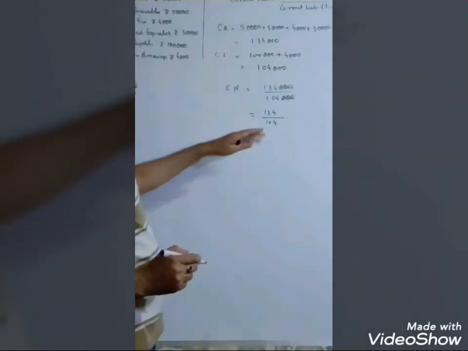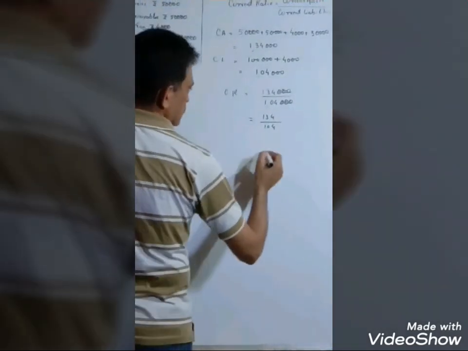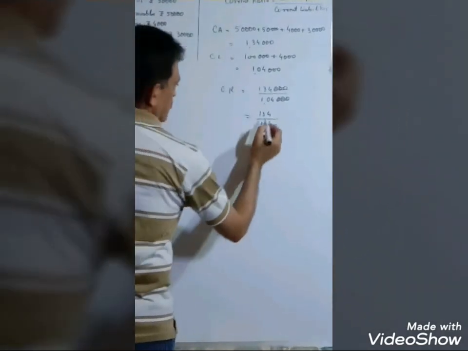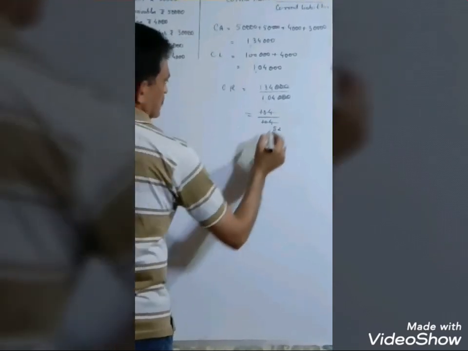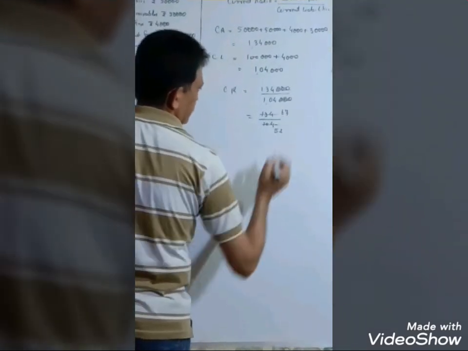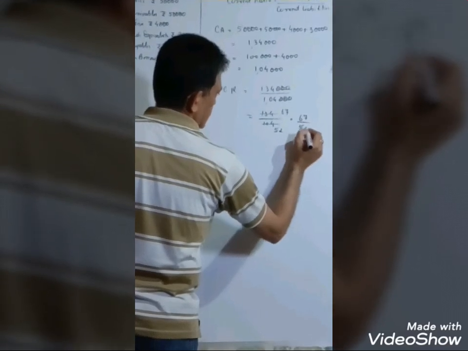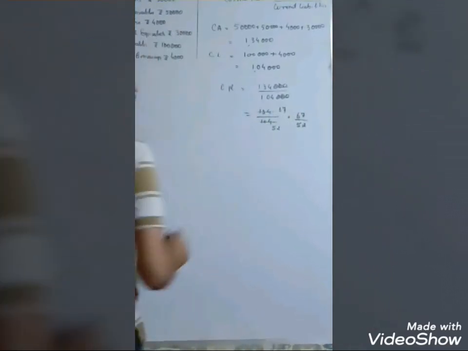If we divide it by 2, we will get 67 divided by 52.